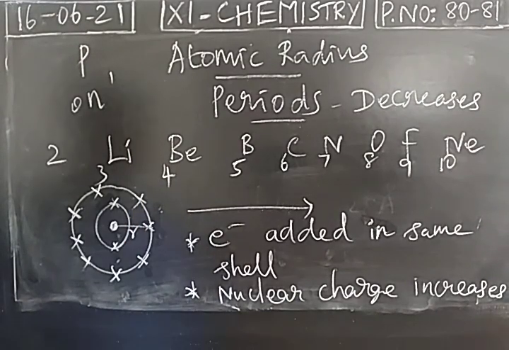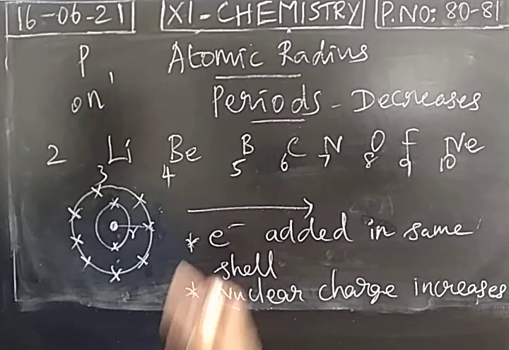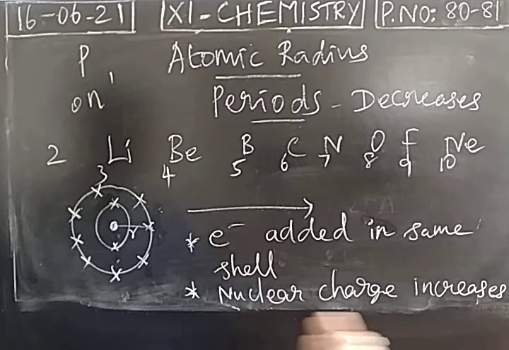Left to right, nuclear charge increases, means number of proton increases. So lithium has 3 protons, beryllium has 4 protons, boron has 5 protons. So number of proton increases, that means nuclear charge increases. And electrons added in the same cell, so definitely attraction between the nucleus and the electrons will be more.